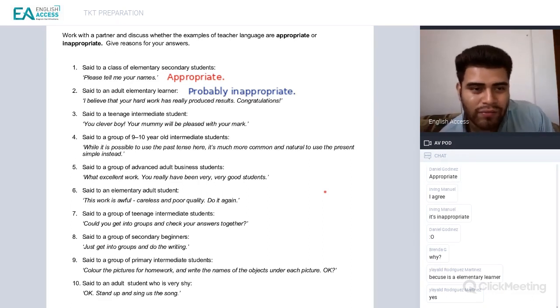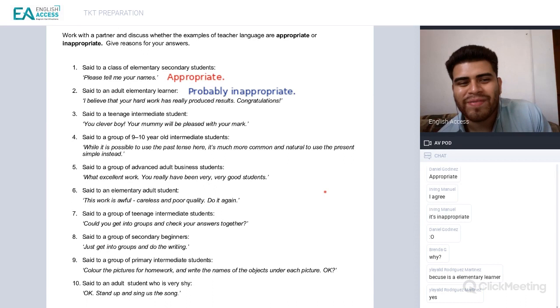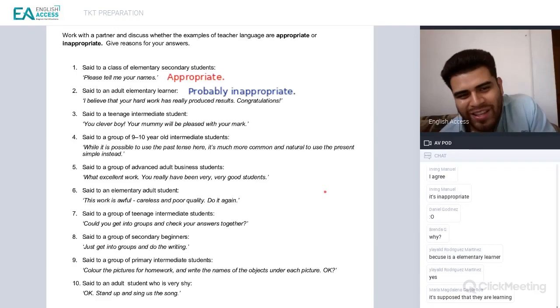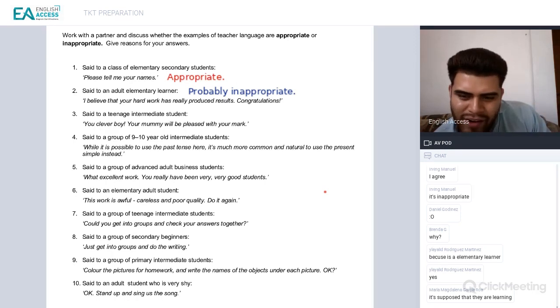Yes, it's an adult, but it's elementary, like A1. They don't know the present perfect. I believe that your work has really produced results. They don't know the present perfect. They suppose that they are learning.